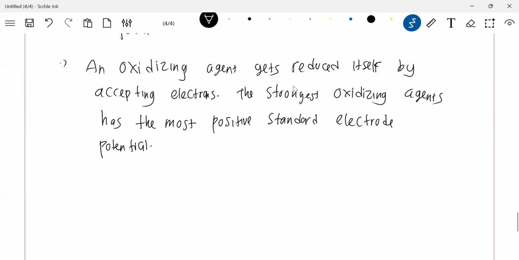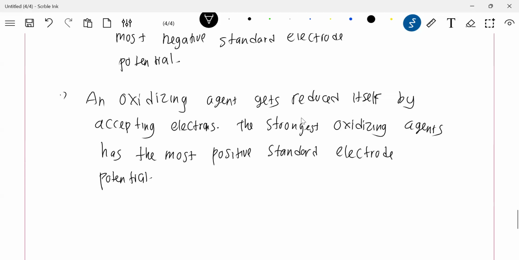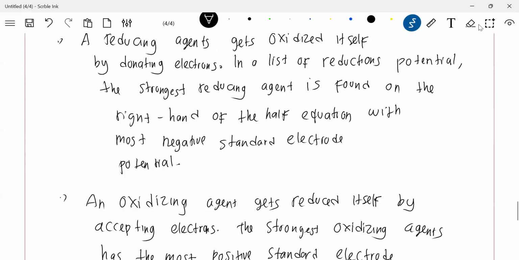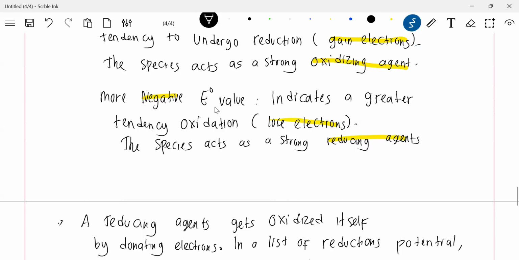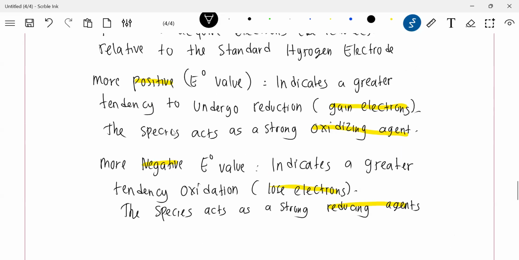So what is the reactivity of the metal? The metal reacts by losing electrons to form positive ions. Okay, back to the questions. That's all the basic theory.